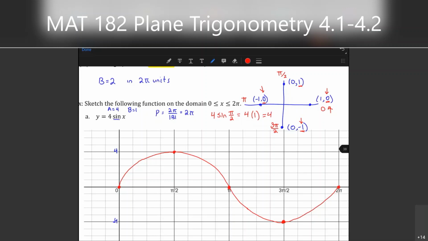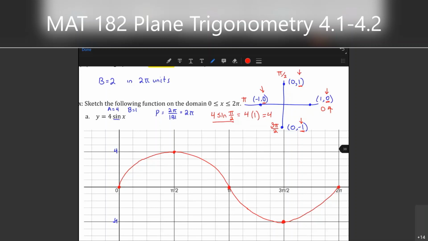Are there any questions with that graph, just expanding the amplitude there? I had a question about the math real quick. For 4 sine pi over 2, how come you change that to 1 again? So the 4 sine pi over 2, that's right? Yeah, sine pi over 2 is equal to 1 based on our unit circle.